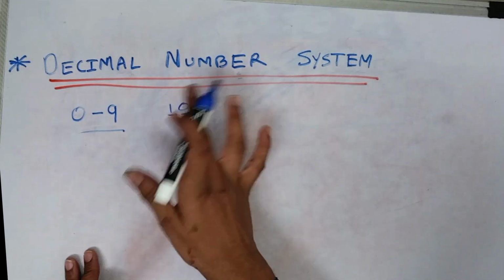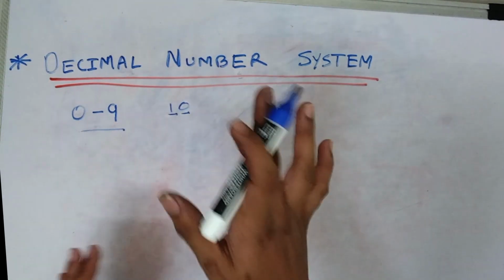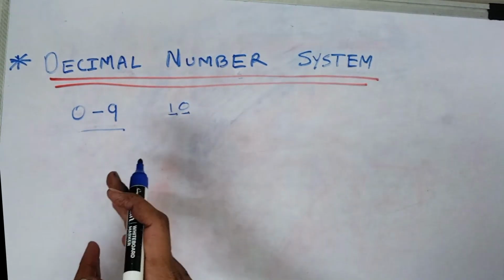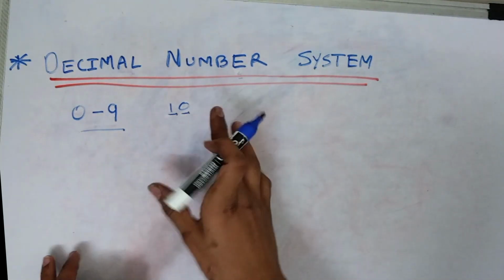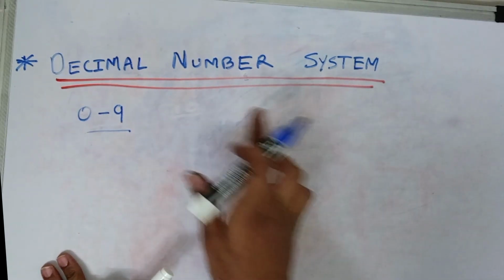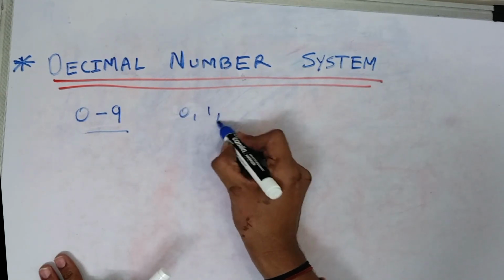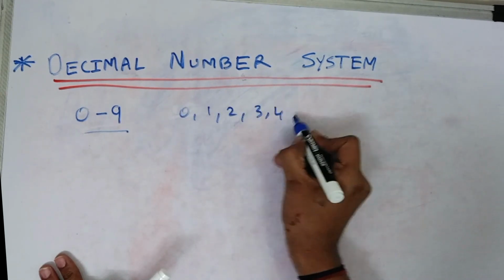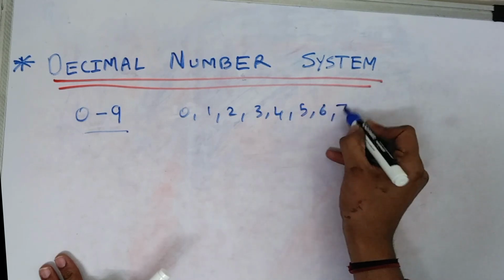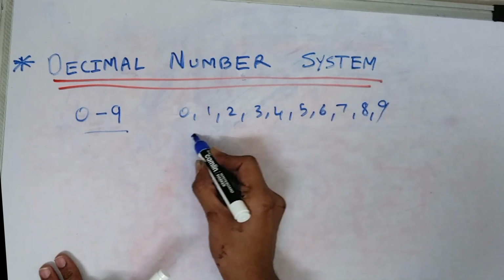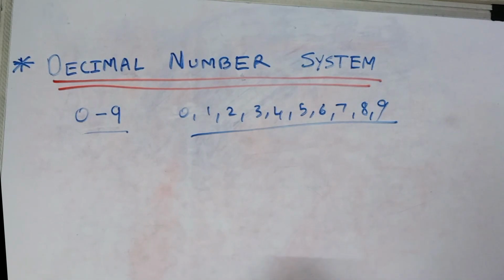So to summarize, we can say that a decimal number system consists of 10 numbers: 0, 1, 2, 3, 4, 5, 6, 7, 8 and 9. These are the 10 numbers in the decimal number system.